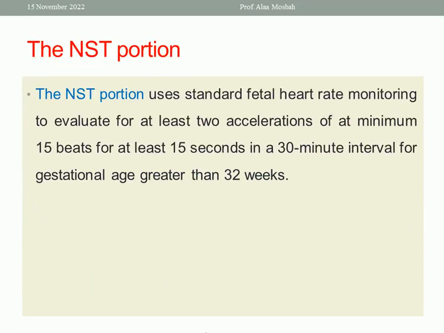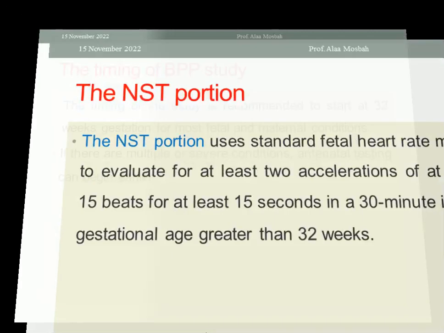What is the non-stress test portion of the biophysical profile? The non-stress test portion uses standard fetal heart rate monitoring to evaluate at least 2 accelerations of at minimum 15 beats or more for at least 15 seconds in a 30-minute interval for gestational age greater than 32 weeks.